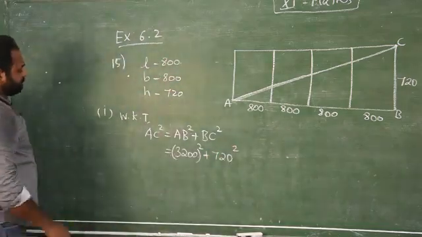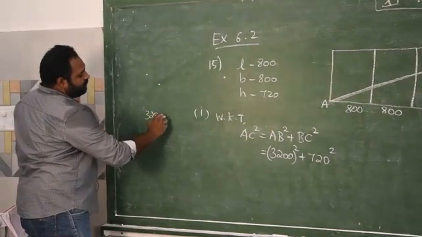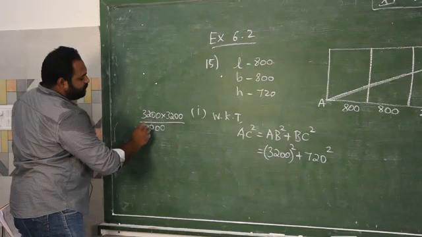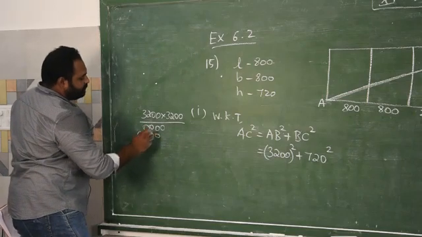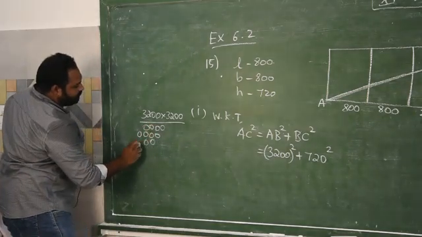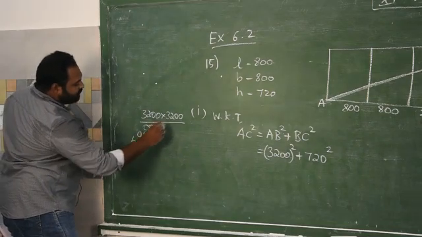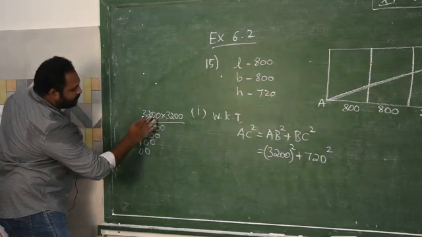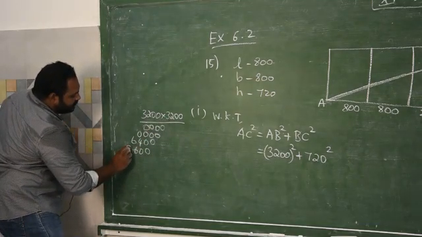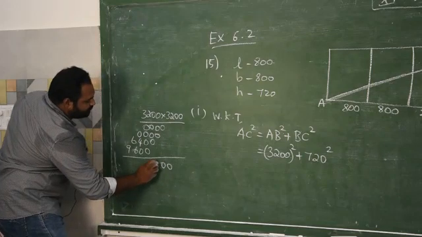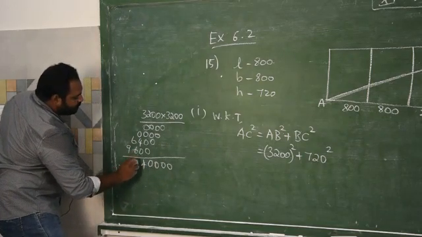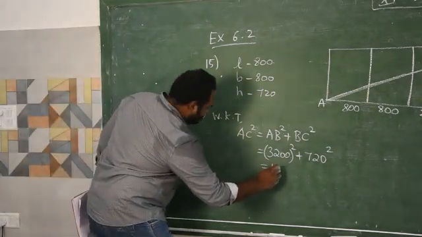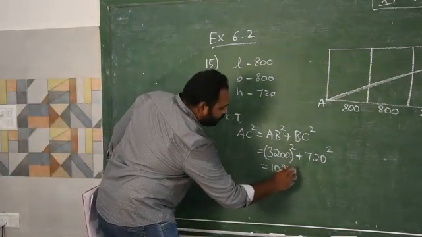So here just multiply 3200 into 3200 carefully. It is 10,240,000.